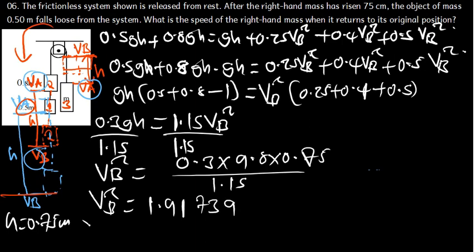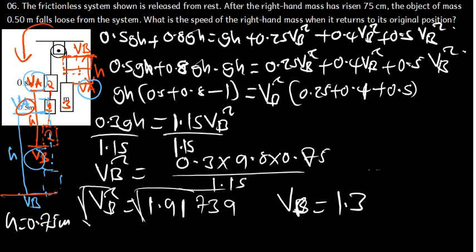I'll leave it there. So if I want, I'll get the square root here to find the VB. So my VB, the velocity at B, is going to be, what is the square root of this? It is 1.3846, which is the same as I just put 1.385 meters per second. So this was the velocity it was moving with when it was going down.